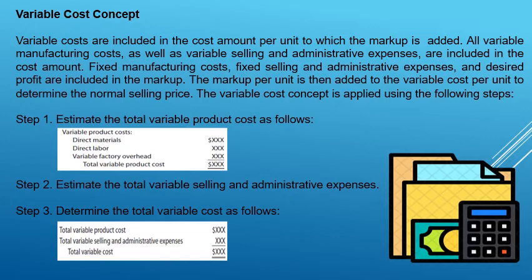So the second step is to estimate the total variable selling and administrative expenses. Third is to determine the total variable cost. So in getting it, we have the total variable product cost plus the total variable selling and administrative expense.